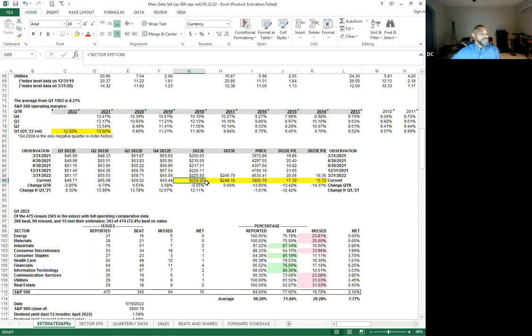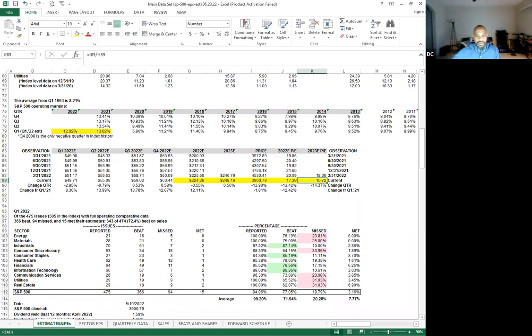Next thing, total earnings higher than expected for 2023. 2022 higher than March, but not by much. This is where the price was at that time, May 19th. PE ratio was 17, forward PE was 15.